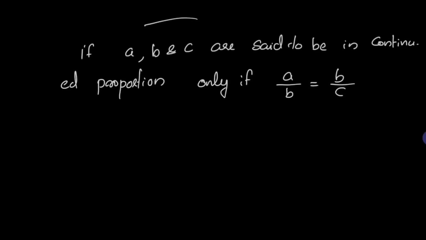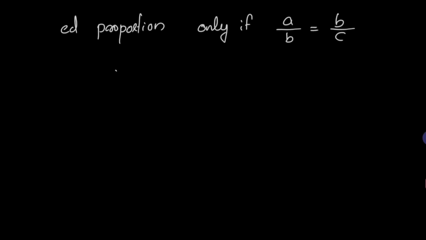Here C is the third proportion of A and B, and B is the mean proportion of A and C.